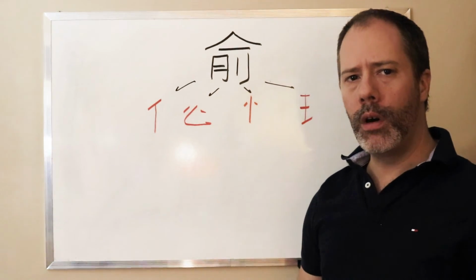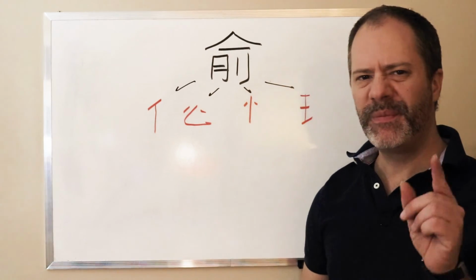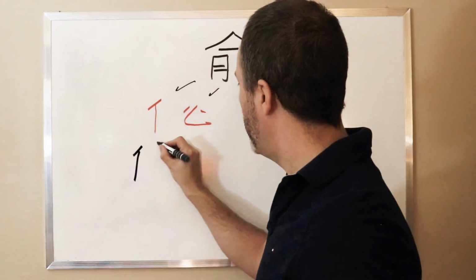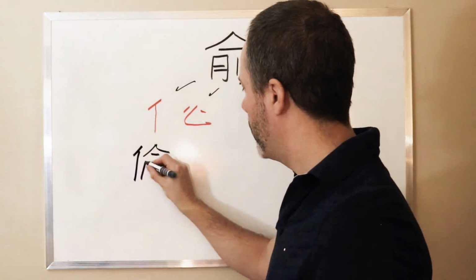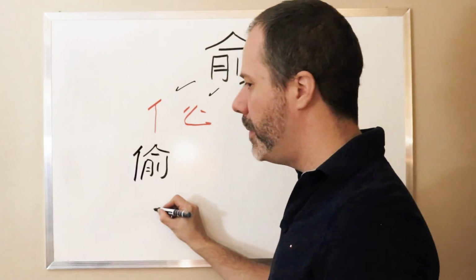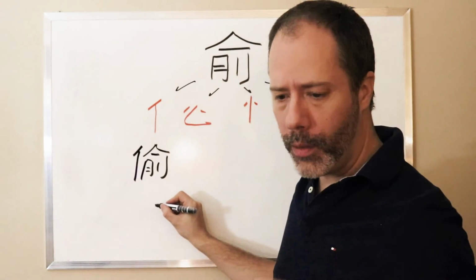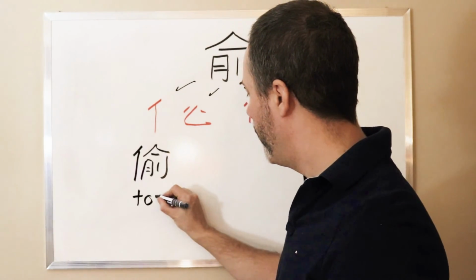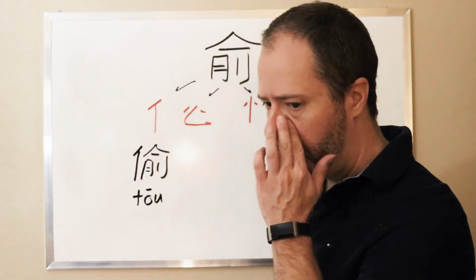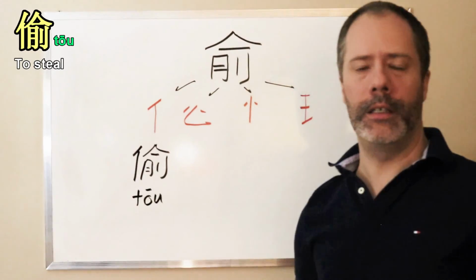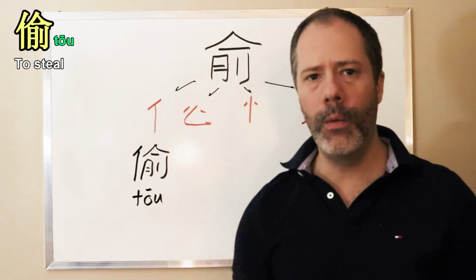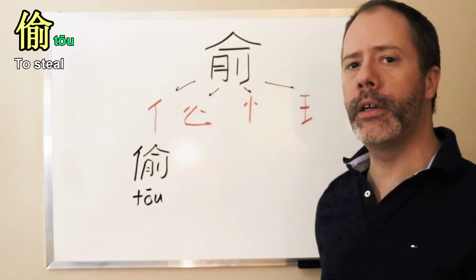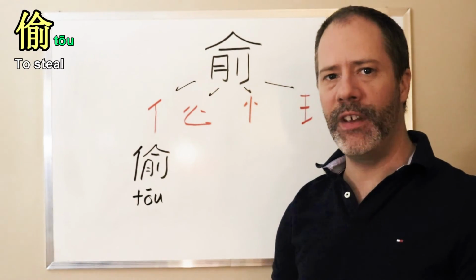So what are the words that will be created? First, this one. We place the radical here, then we draw the character again. It becomes tou. What is the tone? Tone 1. Tou is a stealer, someone who steals, a robber. So every word of 2 characters that includes this character means that something is fishy.